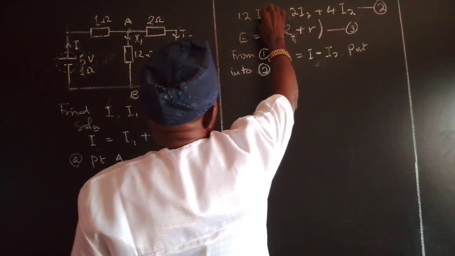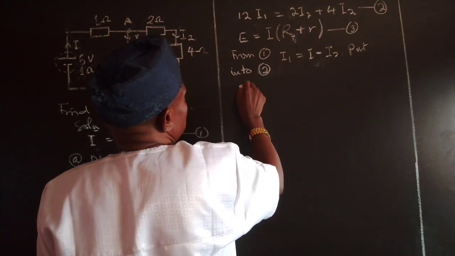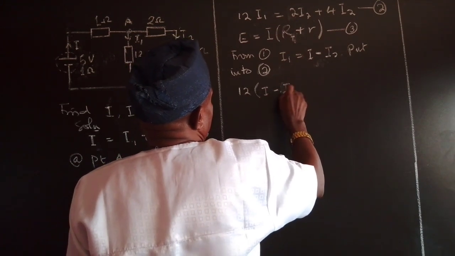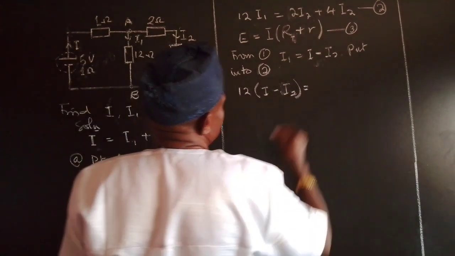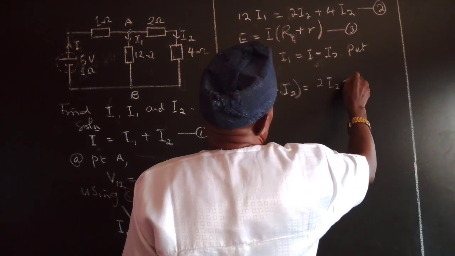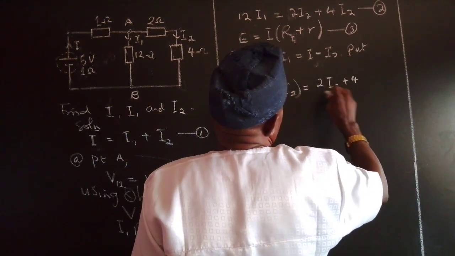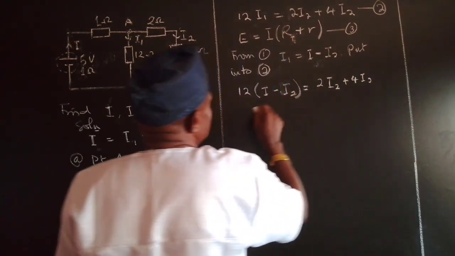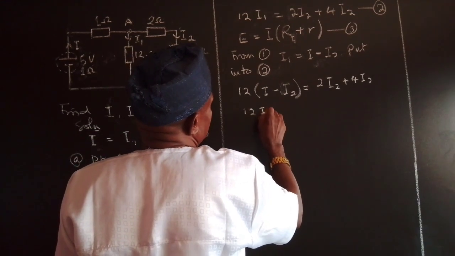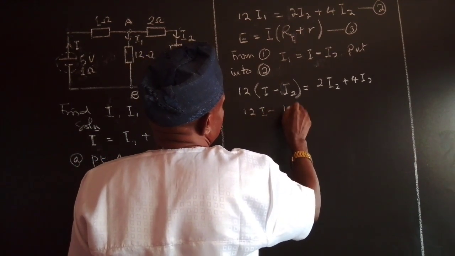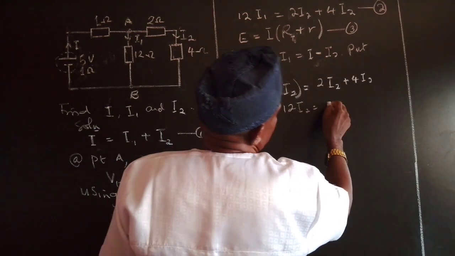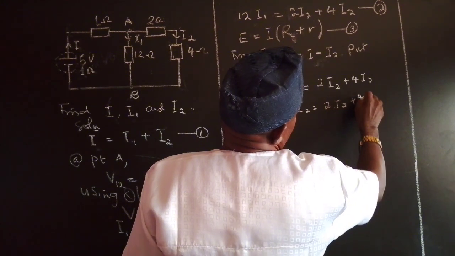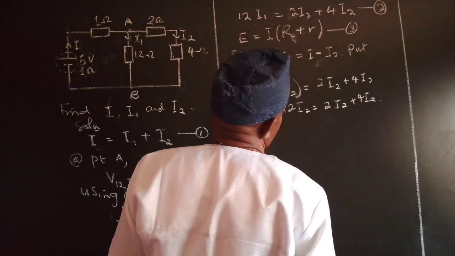If we substitute this into the second equation, what we are going to have is 12 times (I minus I2) equals 2 times current I2 plus 4 times current I2. If we open the bracket, we are going to have 12I minus 12I2 equals 2 times I2 plus 4 times I2.